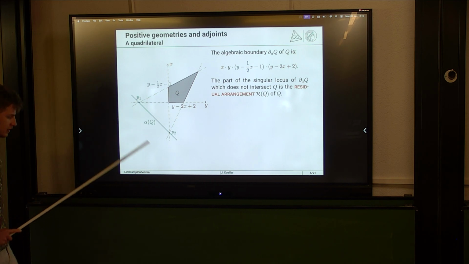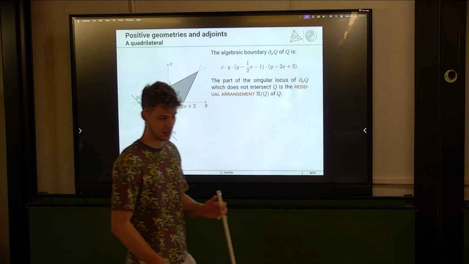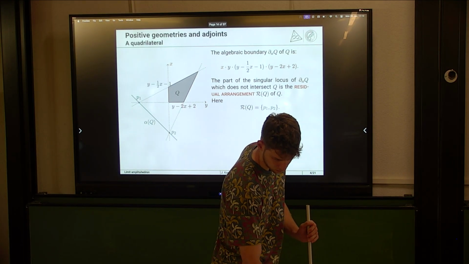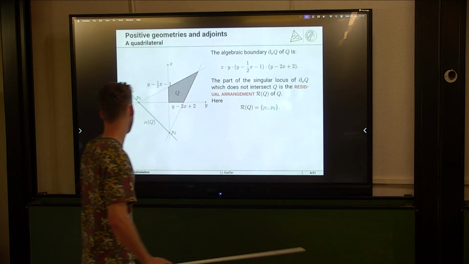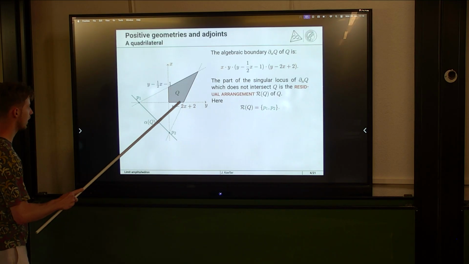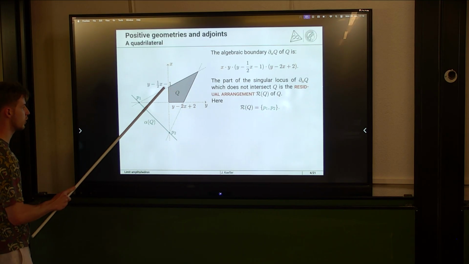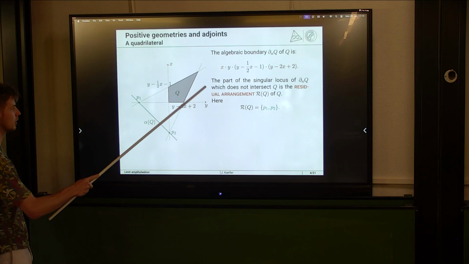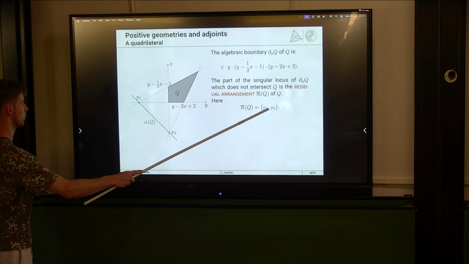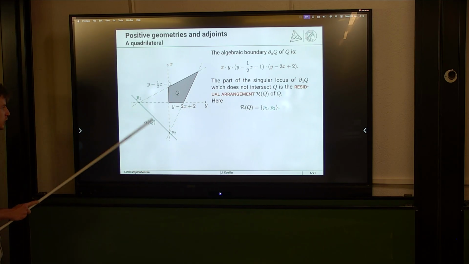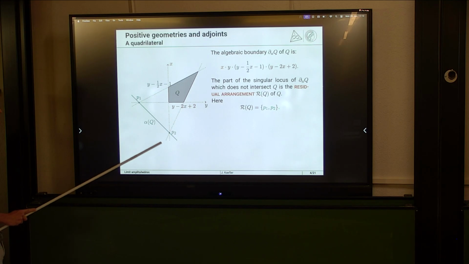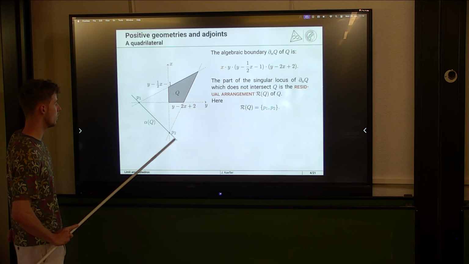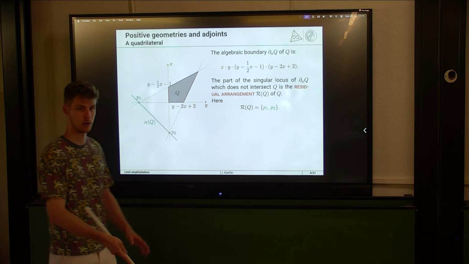So every intersection of these lines might be in the singular locus of the algebraic boundary. And then, well, there are exactly these 4, but those 4 intersections of lines are actually vertices of our quadrilateral, so we don't care for this, for the residual arrangement. And the only other 2 singularities of our union of lines is the point P1 and P2 in turquoise here. So that's our residual arrangement.